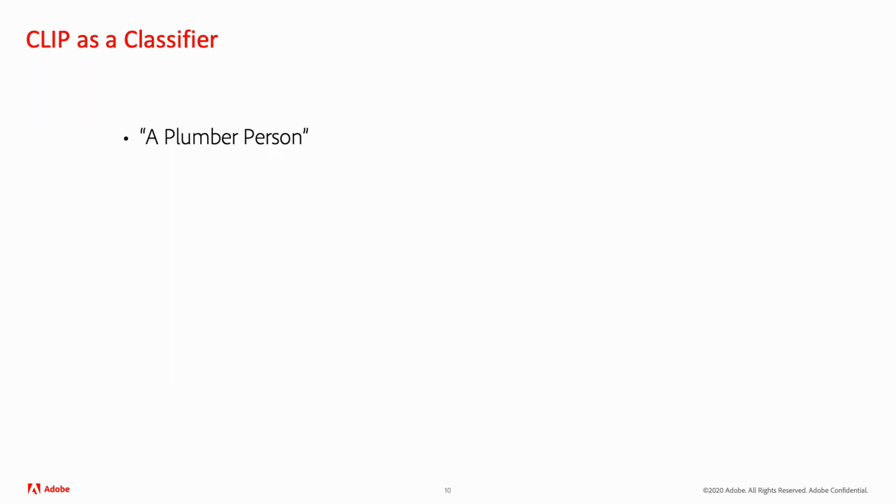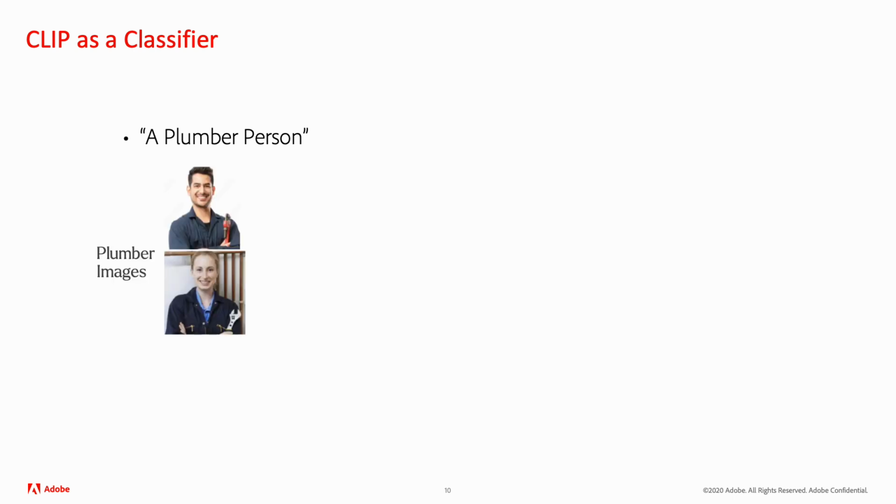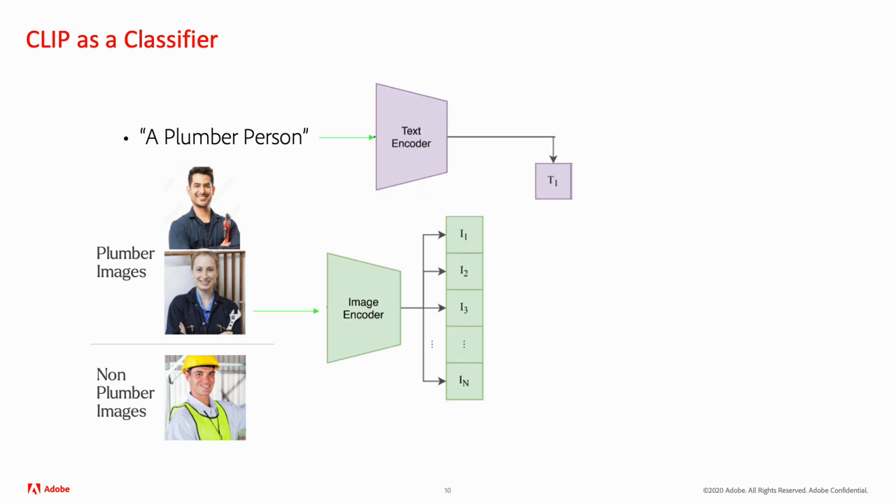To investigate whether the bias is coming from the CLIP model, we can treat CLIP as a classifier. Here I'm showing an example for the text a photo of a plumber, and if we have a bunch of plumber images and non-plumber images, we can rank these images using the cosine similarity between the text and image features from CLIP.